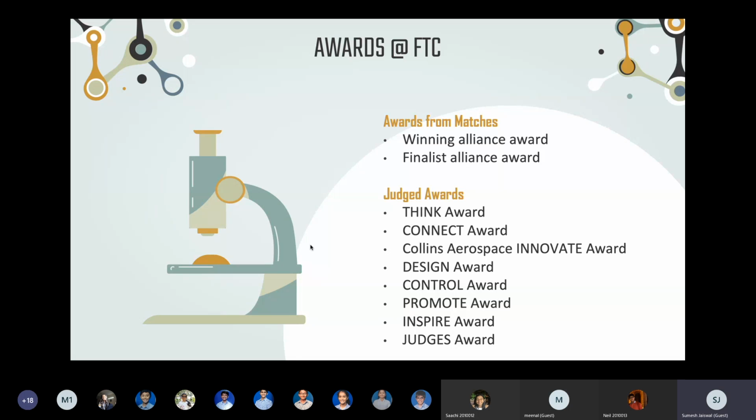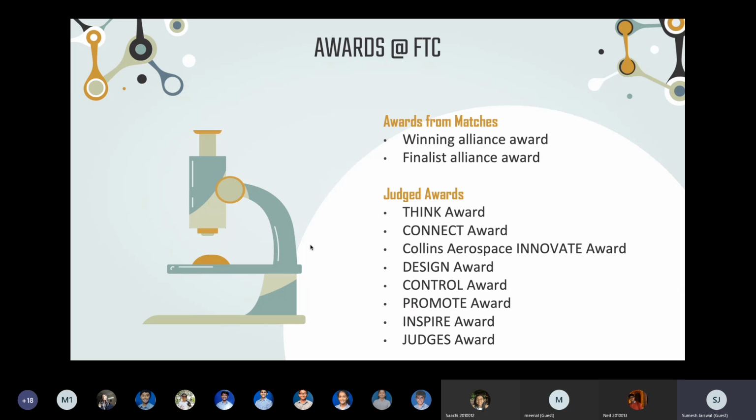For instance, if your team has been shortlisted for a design award, then a panel of judges evaluating the design award would come to your booth and ask you questions about the design of your robot, or how you went about it. That is the entire methodology that they adopt in order to determine these judged awards.